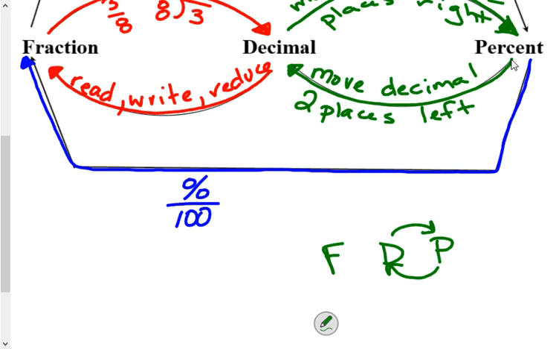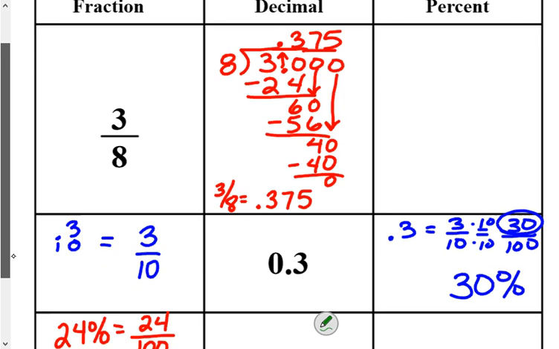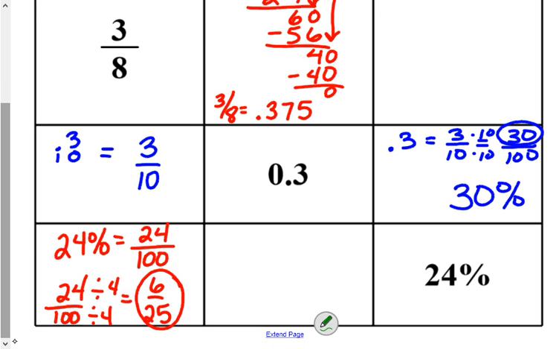All right, so let's look at a couple more things here in our chart. So looking at our chart here, then 24% has to equal, move our decimal 2 places to the left, 1, 2, has to equal 24 hundredths. That makes sense because it matches our 24 hundredths we got for our fraction as well.